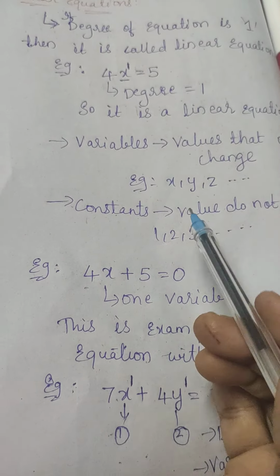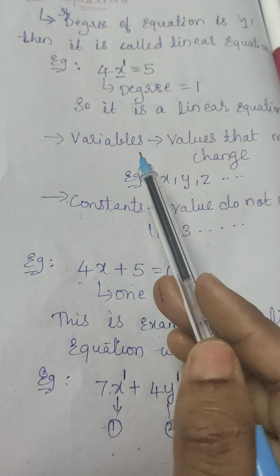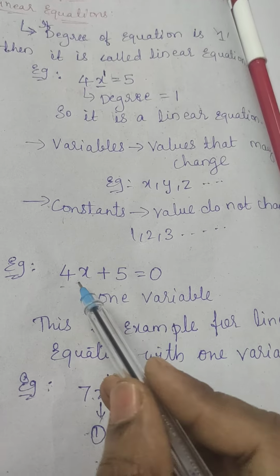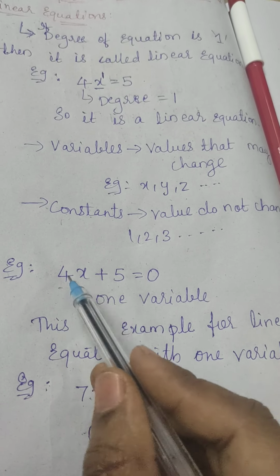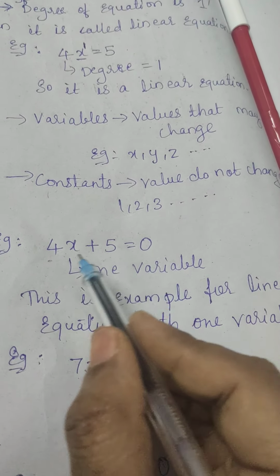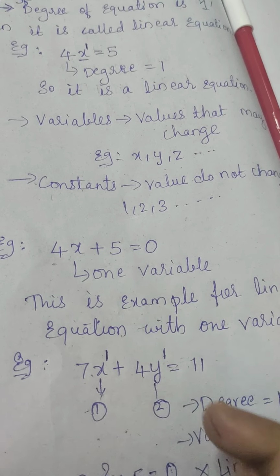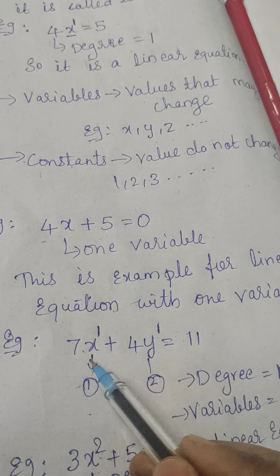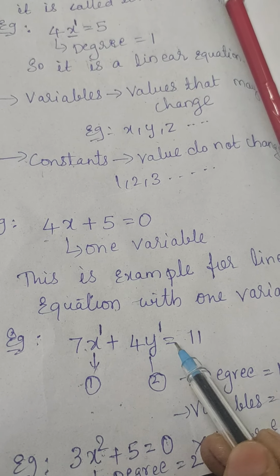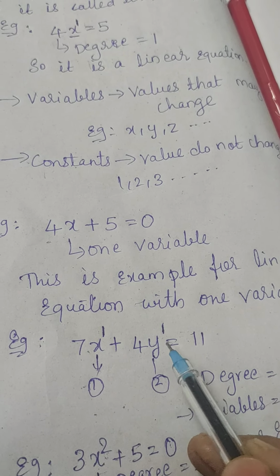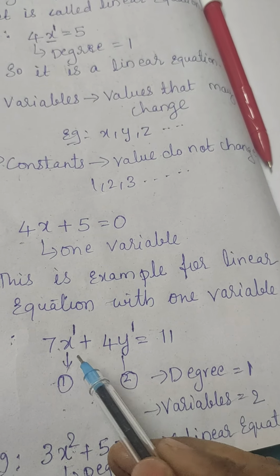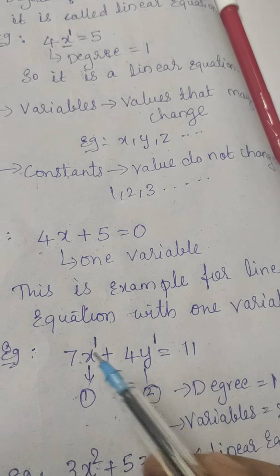And also with one variable, it should have only one variable. This is an example for a linear equation with one variable. If I see here 7x plus 4y, there are two variables. This is a linear equation because degree is 1 but having two variables, so this is a linear equation with two variables. Okay children.